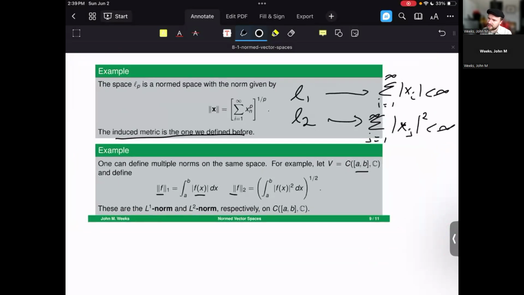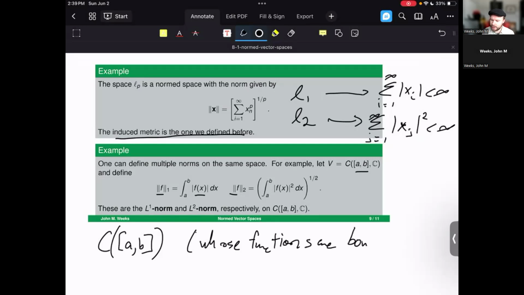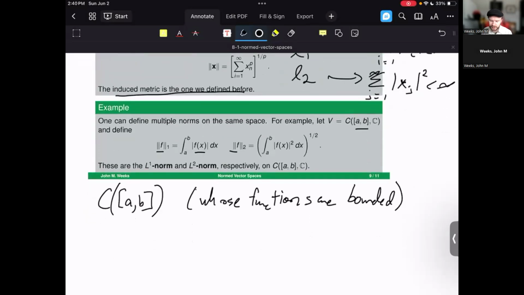Notice in particular that this tells us something about the space of continuous functions on [a, b], whose functions are bounded, and we know this because we are taking continuous functions on a compact set, and so those functions are also going to be bounded.